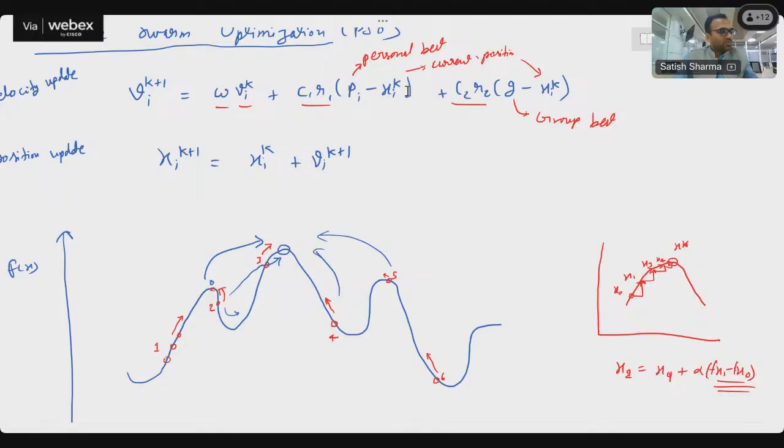Generally we do not keep this omega value too high. If we keep it too high, the update because of the personal best and the update because of the global best will become redundant. So we do not keep the omega value very high. Any doubts in PSO so far, which we have discussed?